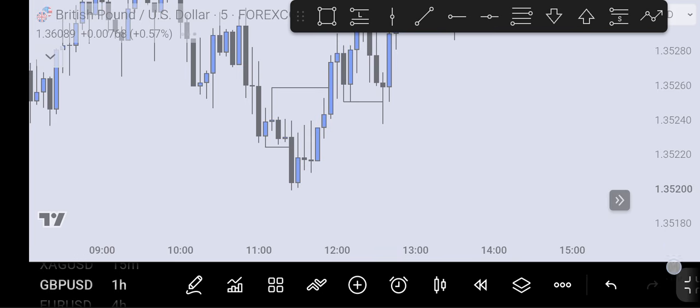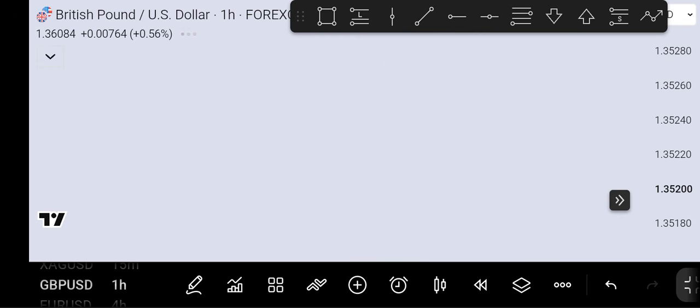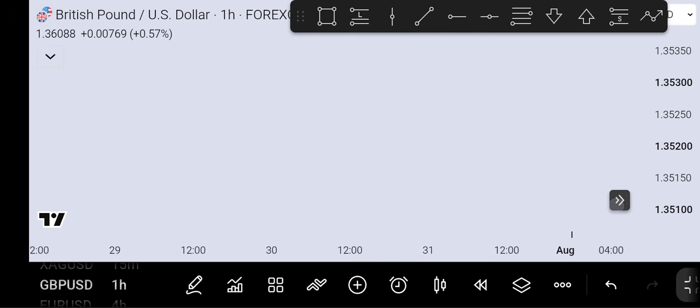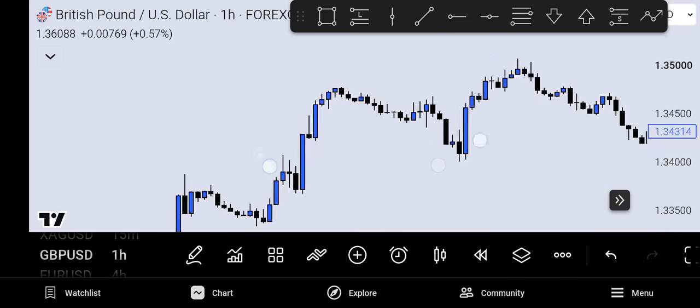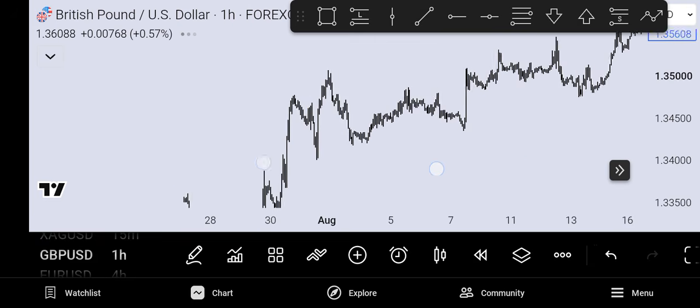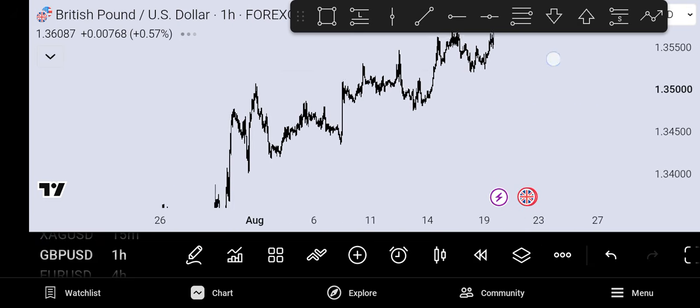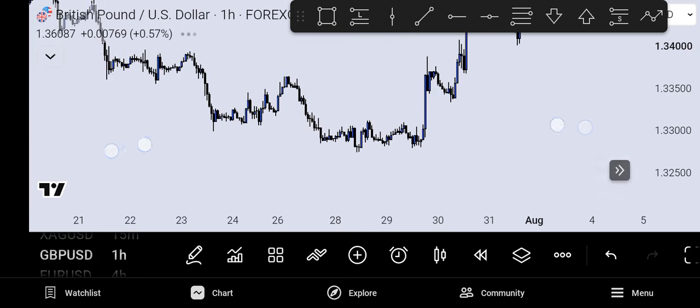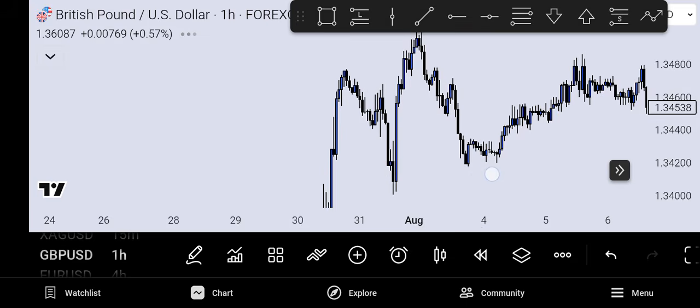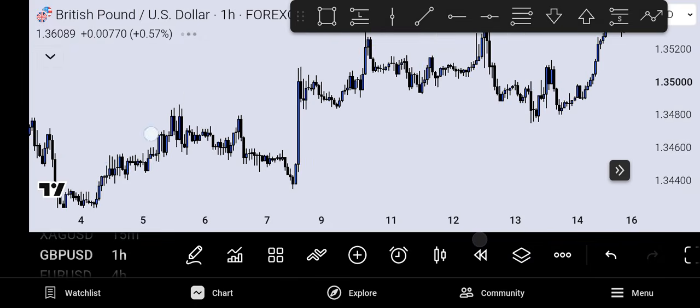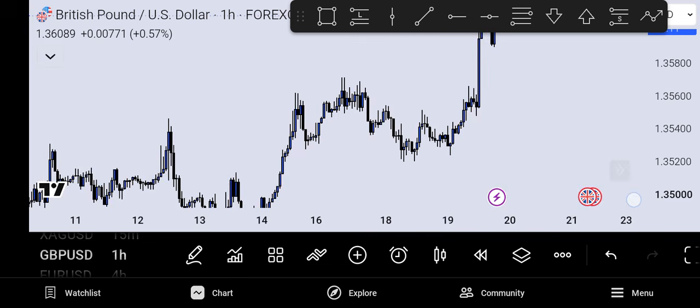Let's wait. You have to go over to 1 hour time frame and check for the SNR level close to the liquidity. All right, where is it? Where is the drawing now? Oh my god, I can't spot it.